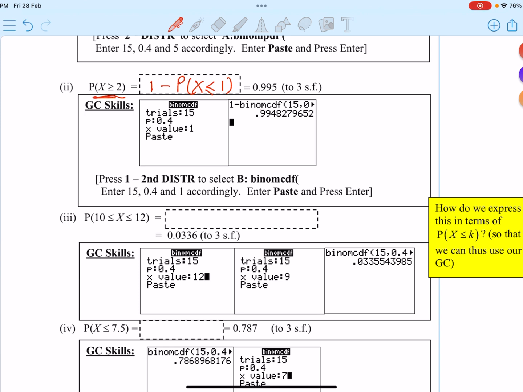So in GC, you just key in 1 minus, followed by your binomial distribution, which is binomial CDF, because you're looking at less than or equal to 1. You key in the values of your parameters and the value of x as required.